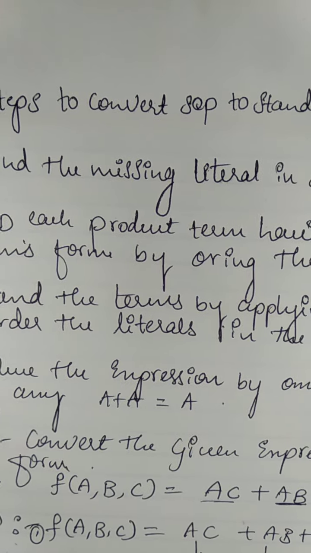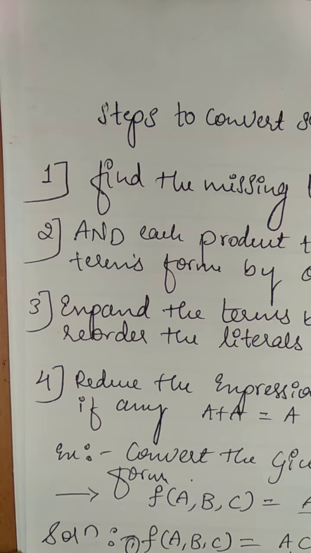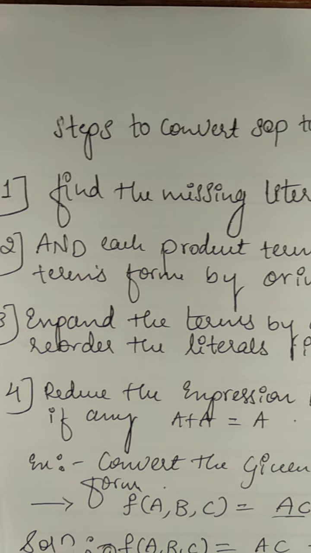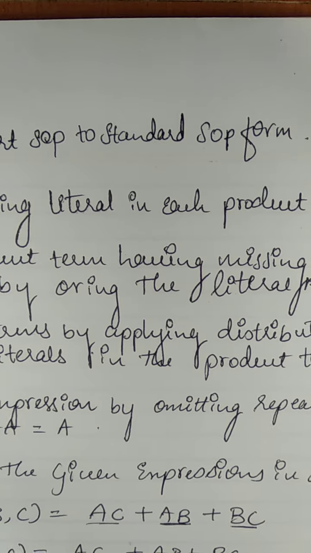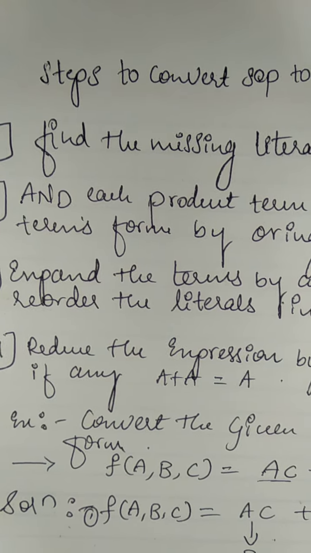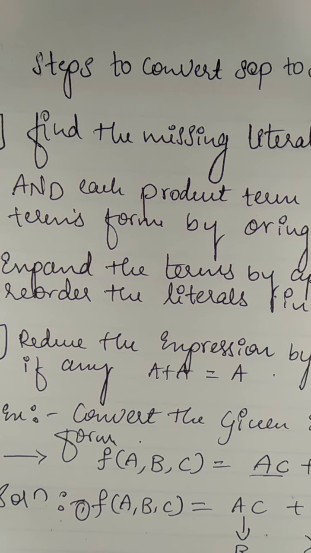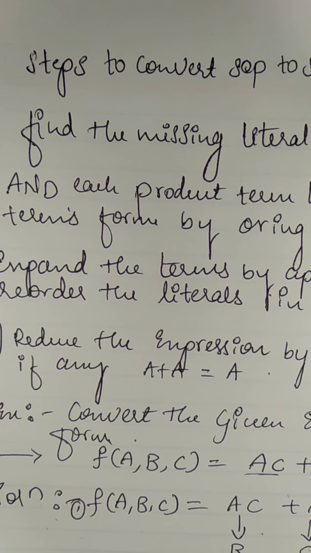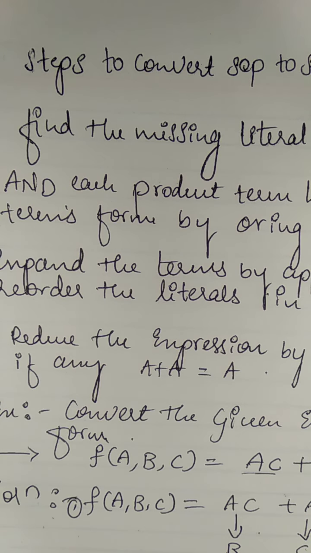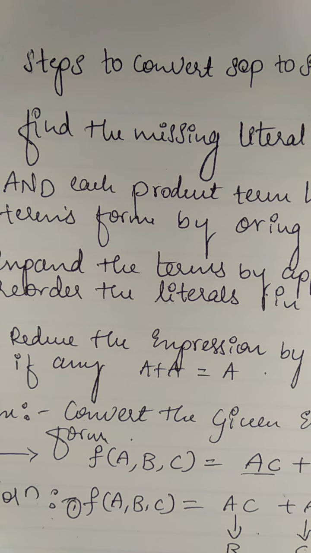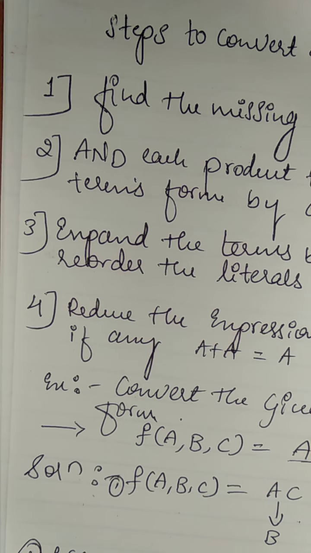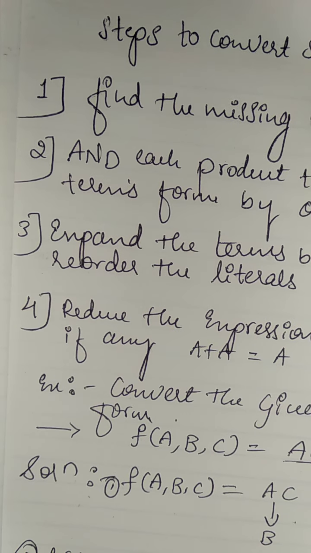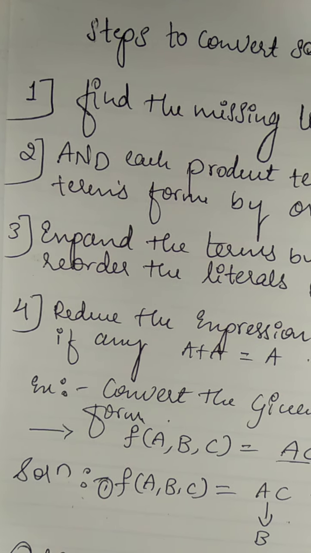So in today's class we have studied the steps to convert a SOP to standard SOP form. First we find the missing literals, and then in the second step we write the missing literals and their complements. In the third step, we expand the terms and reorder the literals.